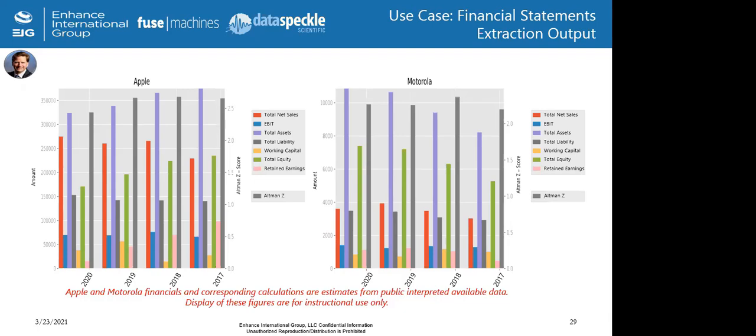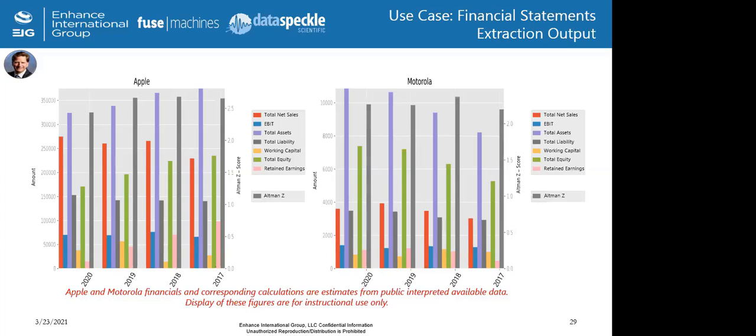Of course, you would always want to have a professional financial analyst for that company verify these assumptions on how we're extracting the data. But from our best interpretation, you can start looking at Altman Z calculations and net sales year over year, quarter over quarter.